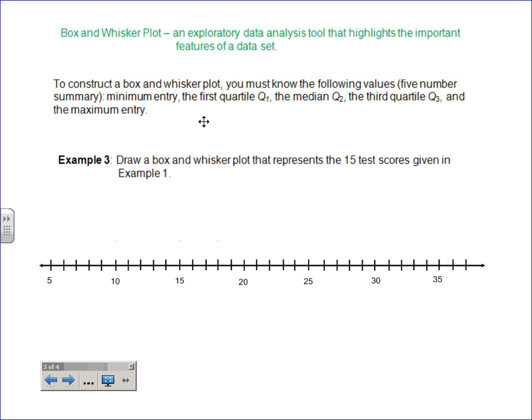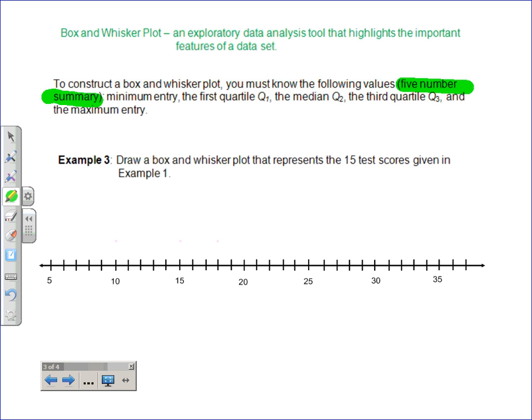And as I had a note here, to construct a box and whiskers plot, you must know the following values. Sometimes they are called the 5-number summary, and not coincidentally because there are 5 numbers. The minimum entry, well, that makes sense, right? And what is that in this case? For our example, what is the minimum entry? 5, right?